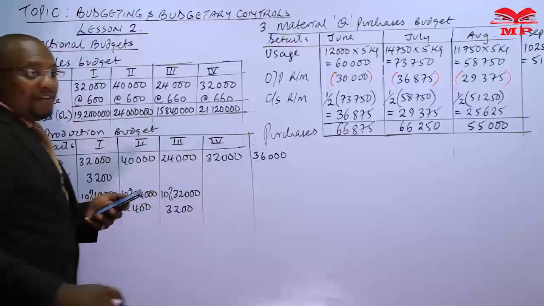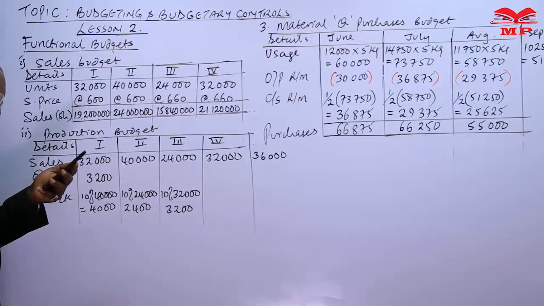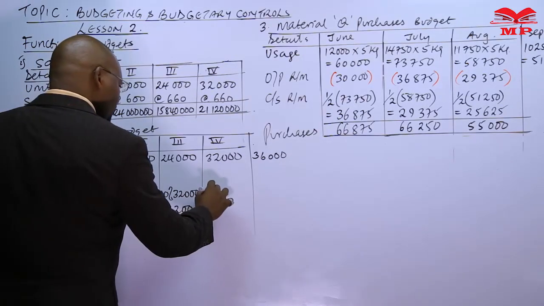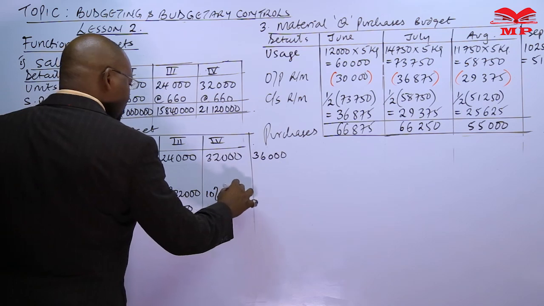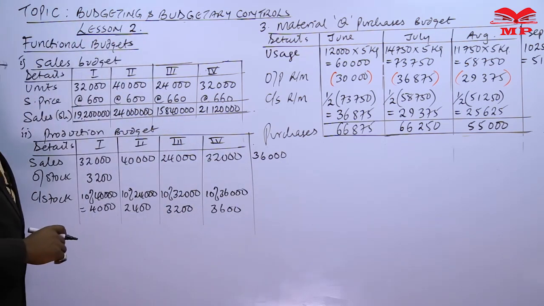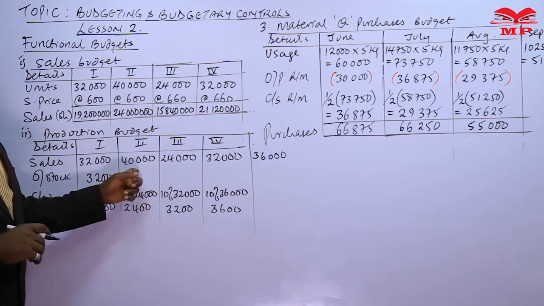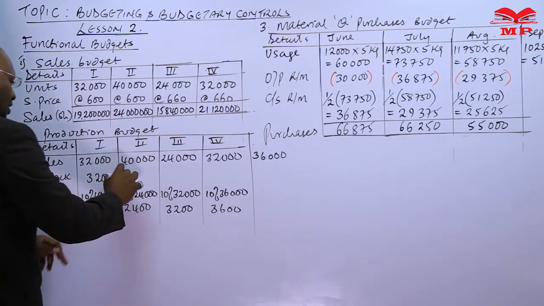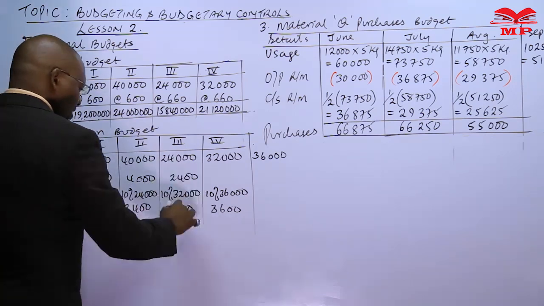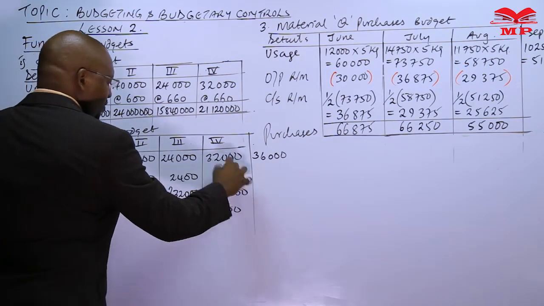We expect to maintain 10% of that, so 10% of that 6,000 is 3,600. Then again, remember the closing is the opening of the next quarter. So this closing of 4,000 becomes the opening here. This is 2,400 opening. This is the 200 opening.